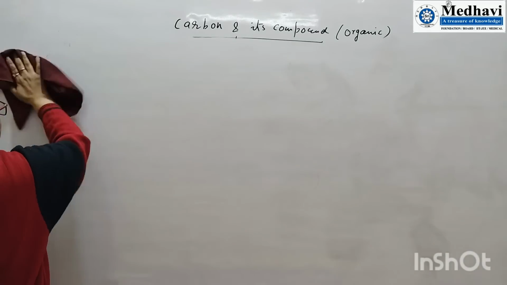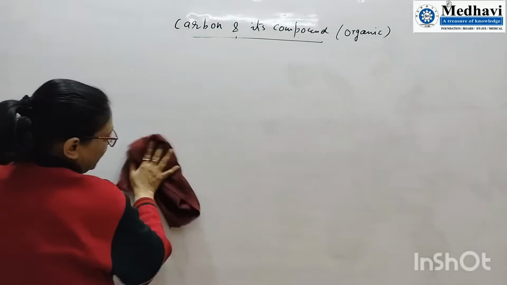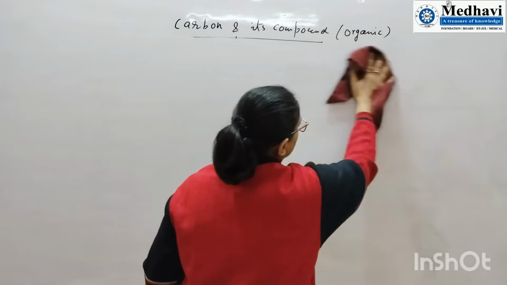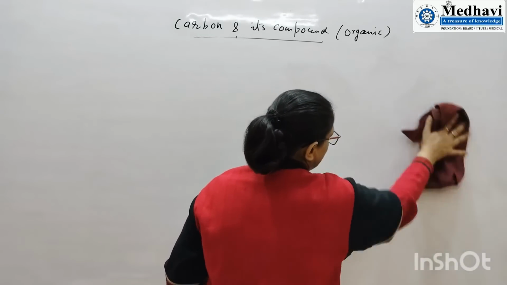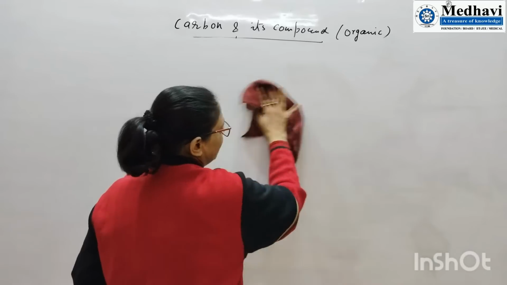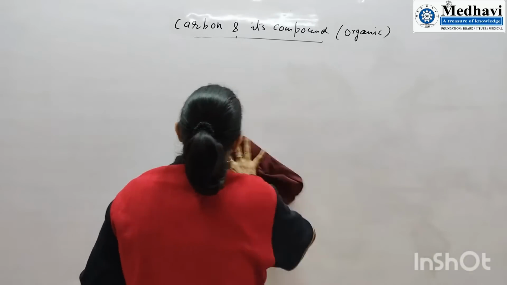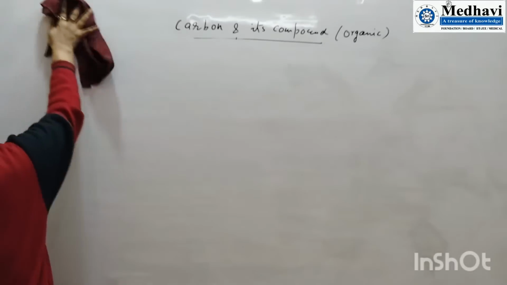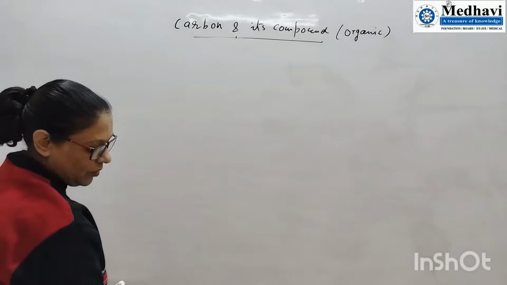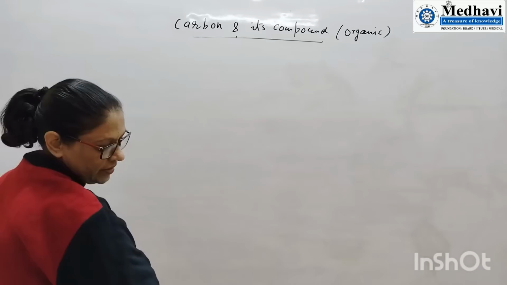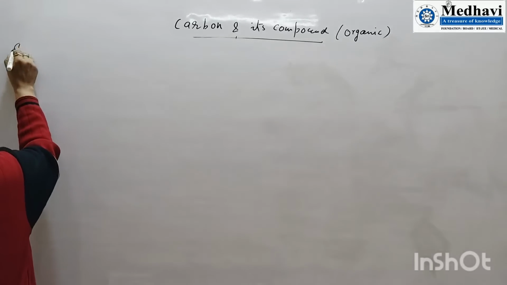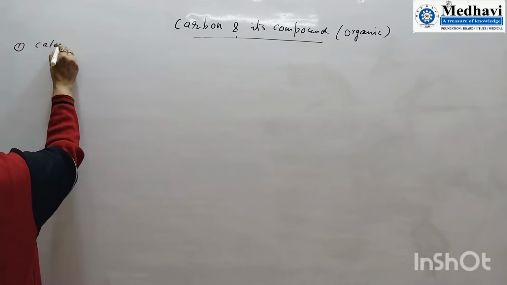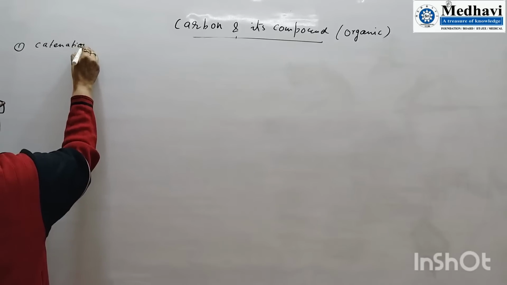So there are two important properties of carbon that are going to be very important, and that make carbon very special. The first one is catenation.